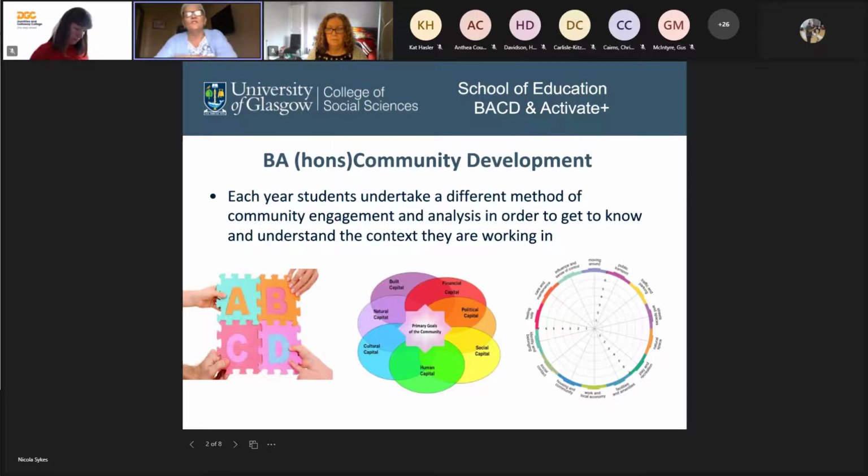In year 2, our students use the community capitals framework as part of that engagement, and then in year 3, our students are engaged in using the PST as a means of engagement and analysis and understanding of the context that they're working in. Next slide, please.